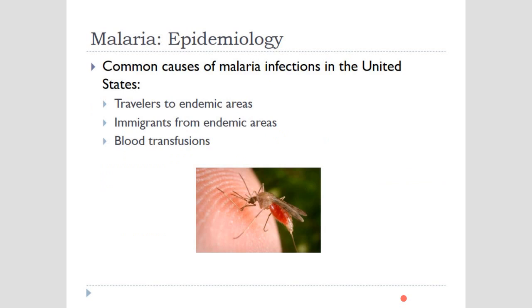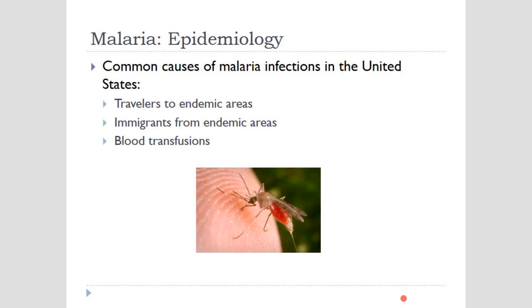Now, people are traveling to areas all over the world where malaria is endemic. The advice is that if you do travel, even to the Caribbean or any part of the world, you need to check the travel advisory.